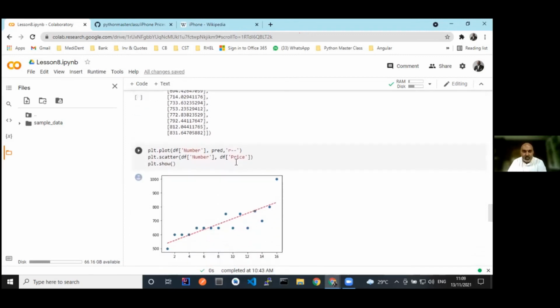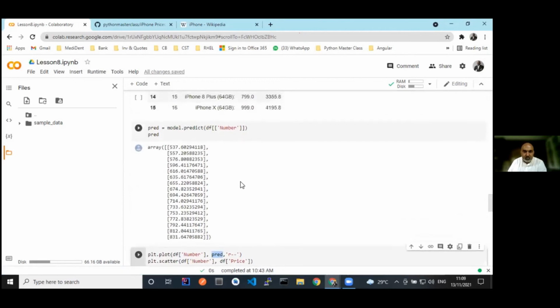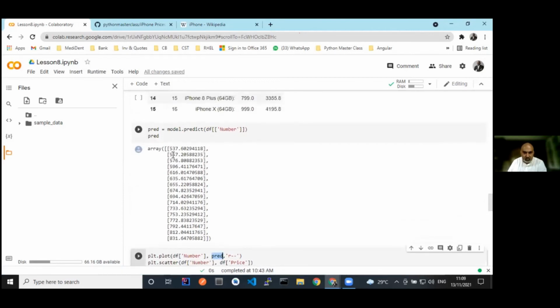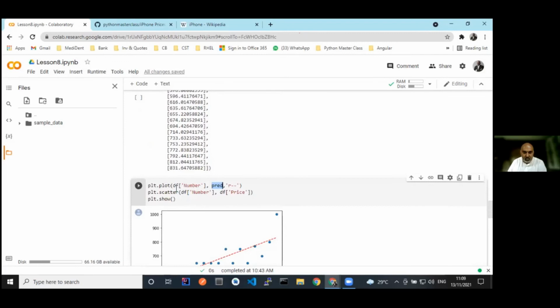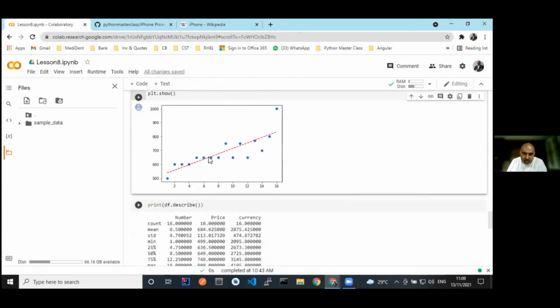Now, how do we handle this? When you plot the line that we drew, this is what we have predicted. The predicted value is calculated using this, and then we have a plot line, which is red, and the scatter plot. The blue values are the actual values, but the regression model has predicted this as the best fit.